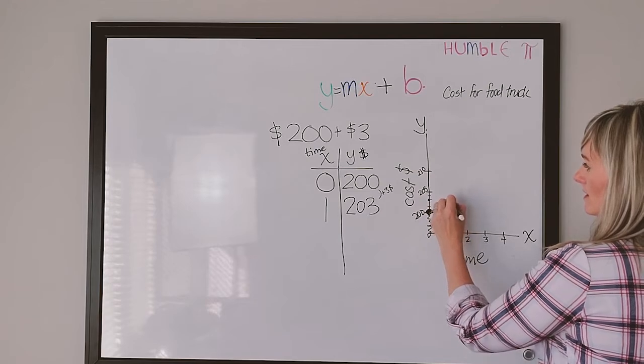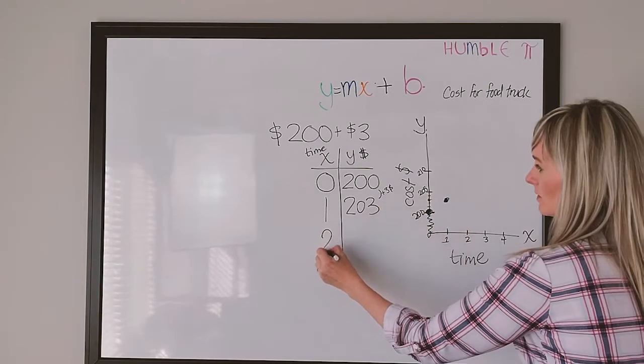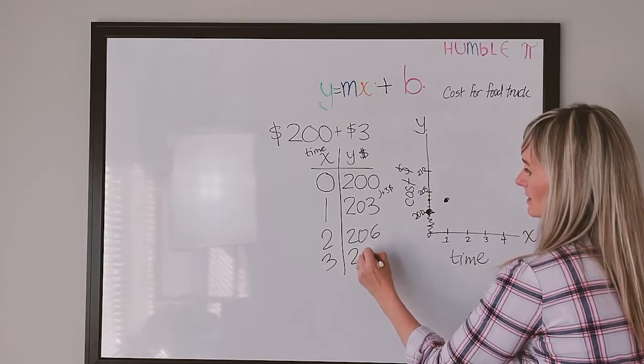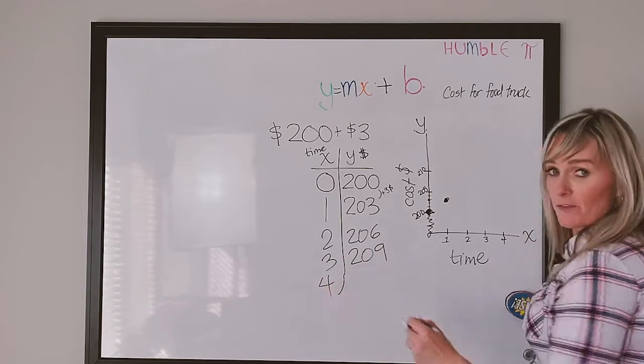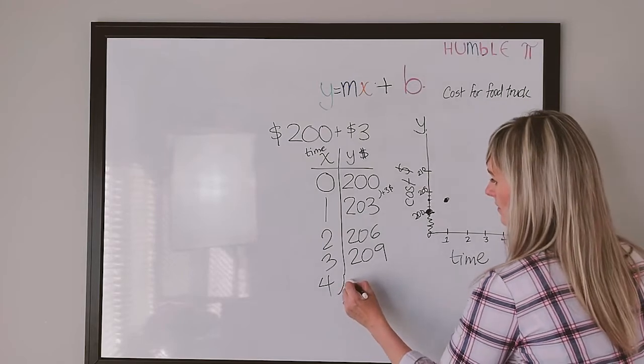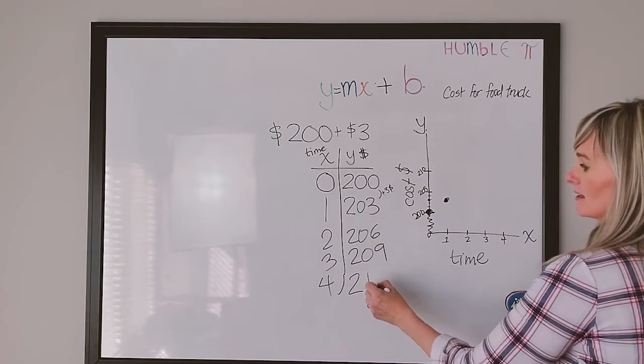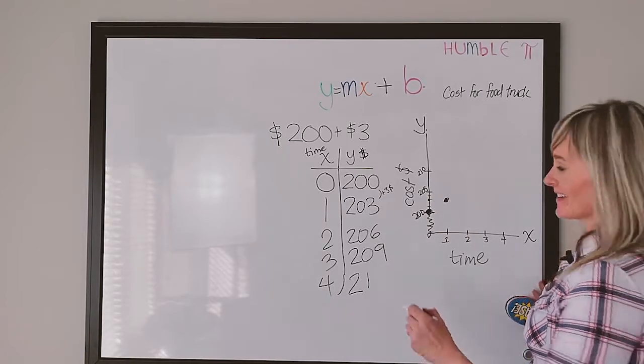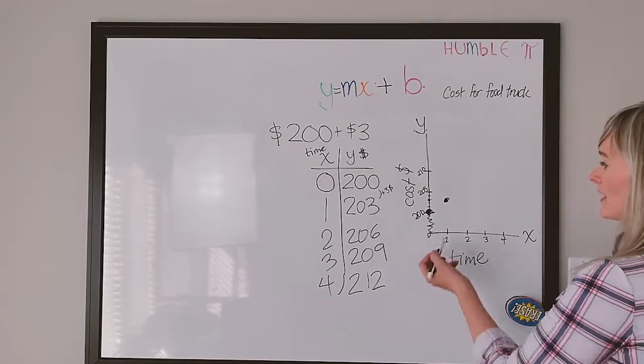Line that up with our 1. There's our next value. After 2 hours, it's 206. 3 hours, it's going to be 209. And after our final hour, 4 hours, we're going to be at 212. That's right.